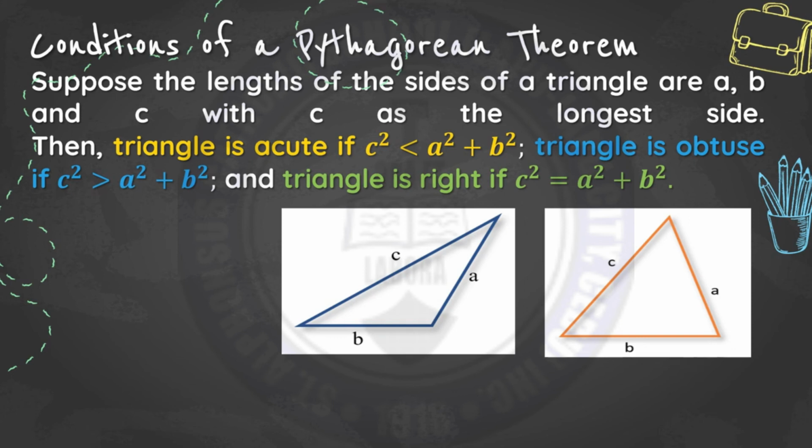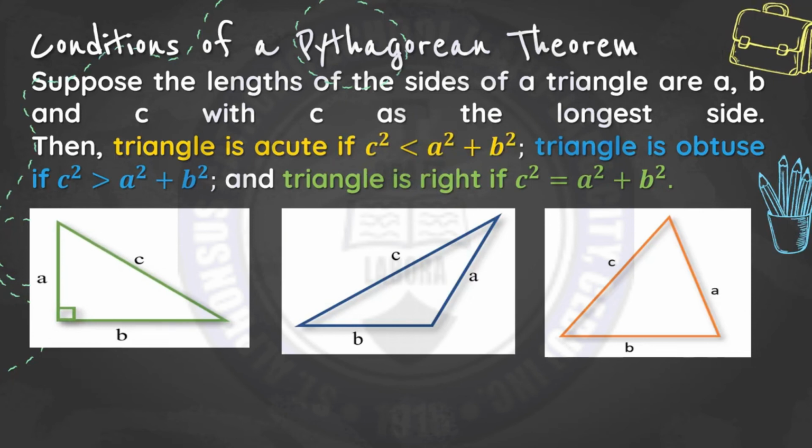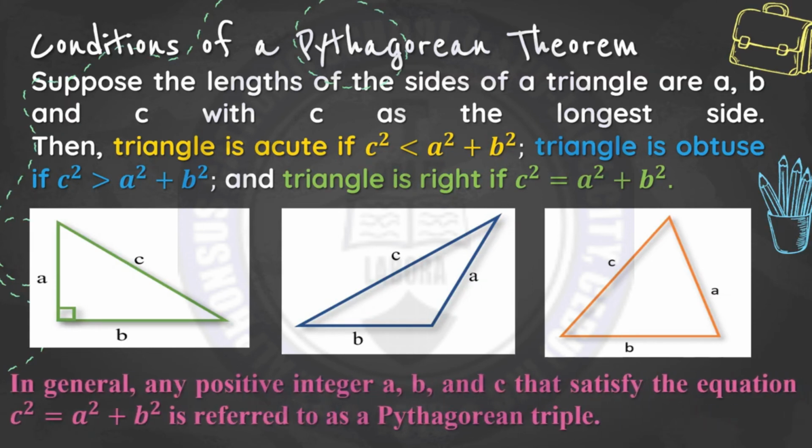And the triangle is right if C squared is equal to the sum of the squares of the remaining sides of the triangle. In general, any positive integers a, b, and c that satisfy the equation c squared equals a squared plus b squared are referred to as a Pythagorean triple.